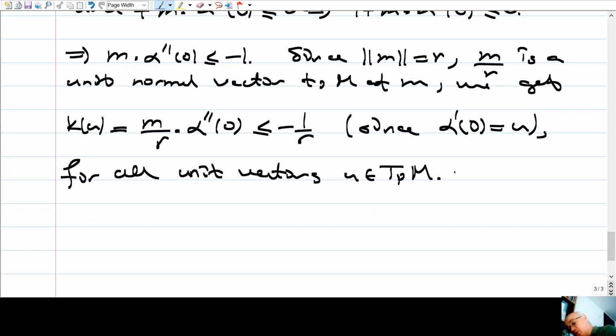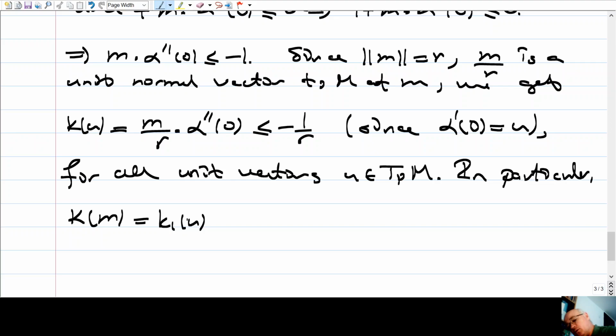So in particular, the Gaussian curvature at M, which is just k1 of u times k2 of u, but each one is less than 1 over r, therefore their product is greater than 1 over r squared.